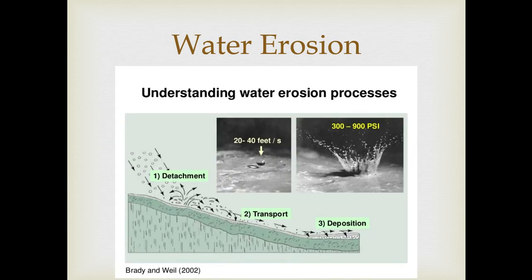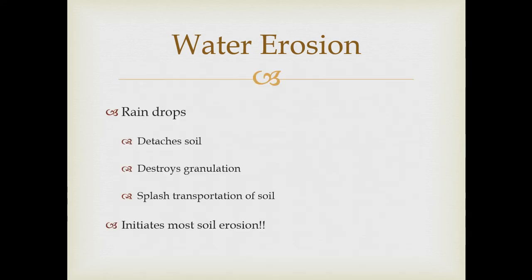And so a picture of that would be detachment from rainwater splash here, and then that rainwater transports it down the slope. Then once the slope levels out or the speed of the water slows, that soil particle is allowed to settle out.